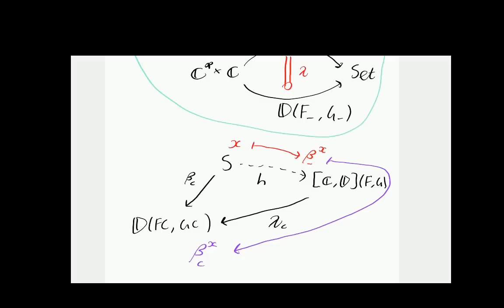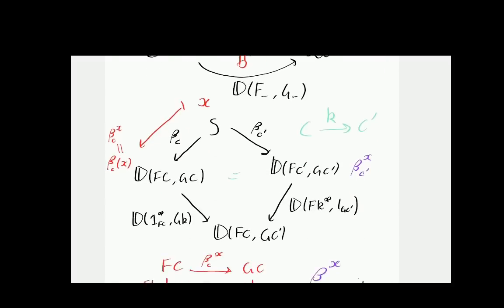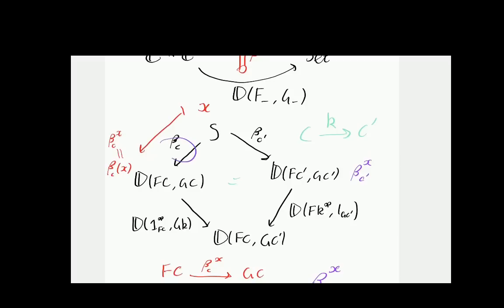Because let's just define our H to send X to beta blank of X. So it's basically taking an element of S and giving us this natural transformation, which is defined by the way that this wedge works. So, we have this wedge beta.